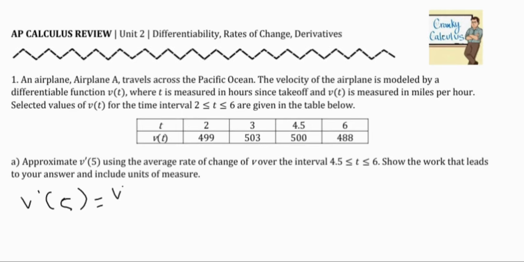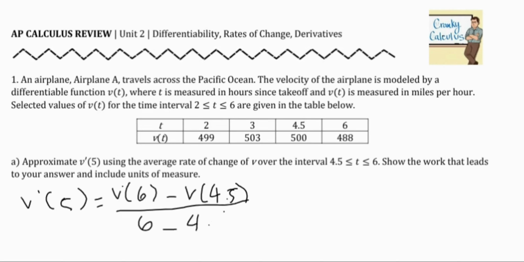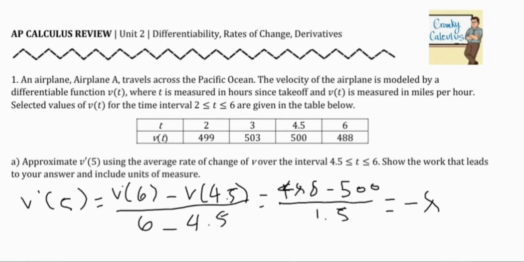So v prime of 5 would be equal to v of 6 minus v of 4.5 over 6 minus 4.5. So that would just be 488 minus 500 over 1.5, which is negative 8.